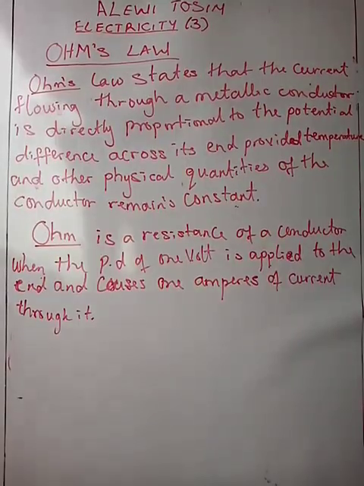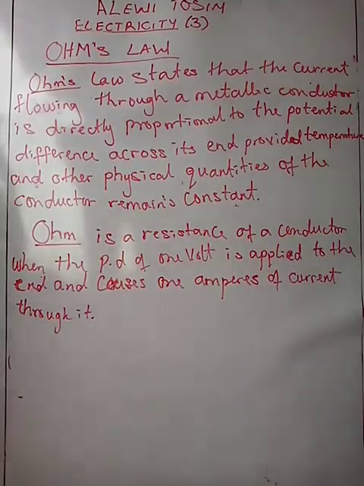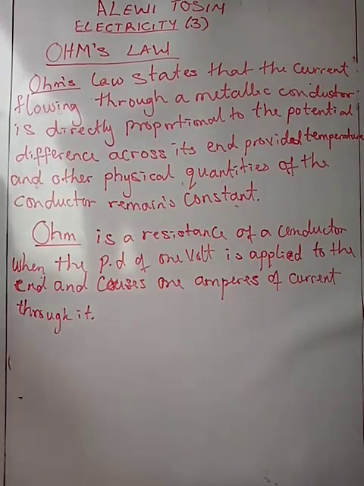Now let's take Ohm's law. What does Ohm's law say? Ohm's law states that the current flowing through a metallic conductor is directly proportional to the potential difference across its ends, provided all temperature and other physical quantities of the conductor remain constant. That's Ohm's law.